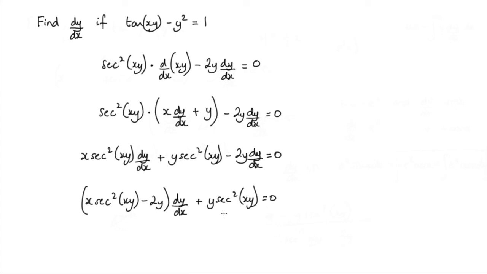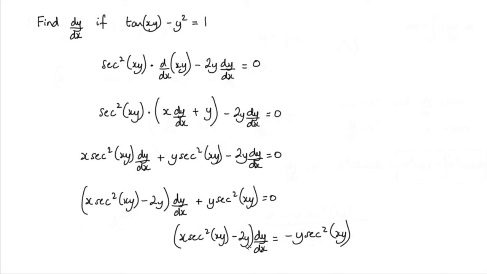Now the next step is to subtract this from both sides. So we're going to be left with x sec squared xy minus 2y, dy by dx equals negative y sec squared xy.